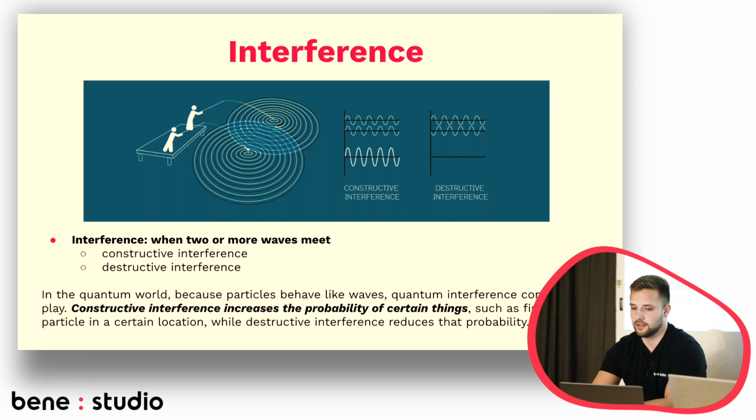In the quantum world, because particles behave like waves, quantum interference comes into play. Constructive interference increases the probability of certain things, such as finding the particle in a certain location, while destructive interference reduces that probability.